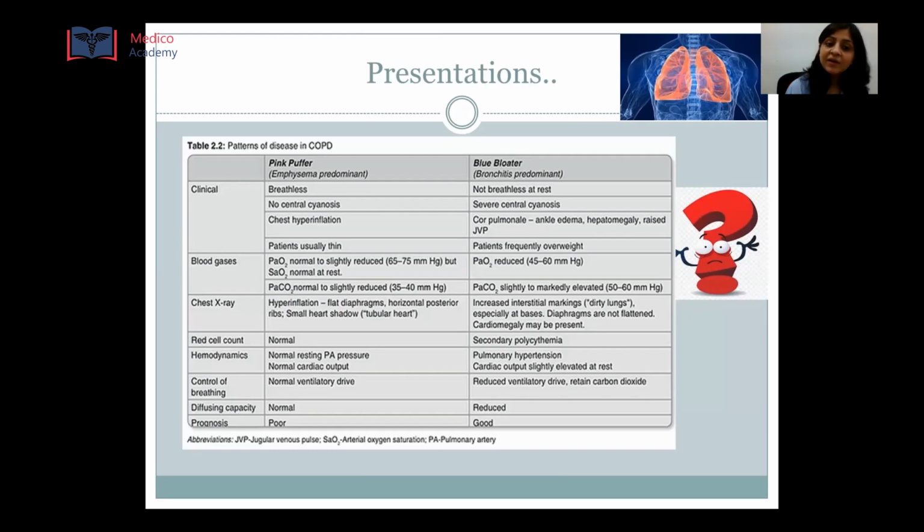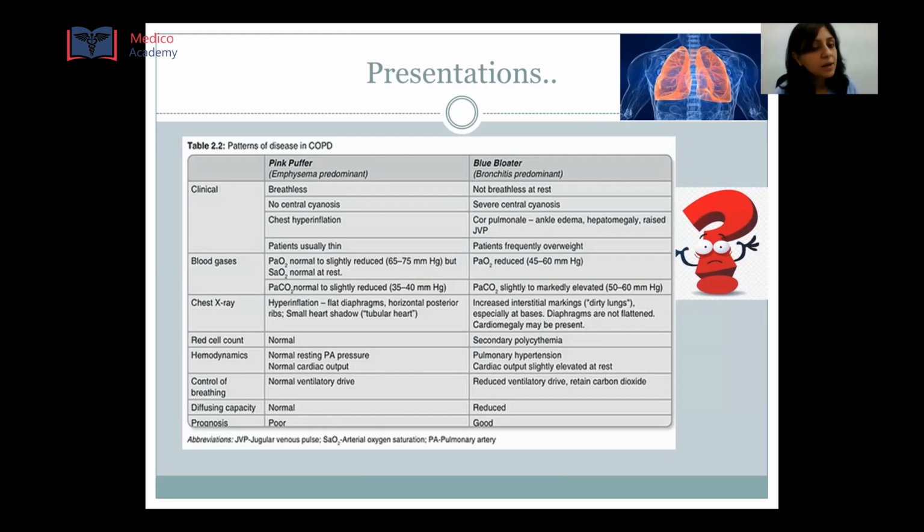In pink puffers, we will have hyperinflation where we'll have flat diaphragms, horizontal posterior ribs, small heart shadow, which we typically call the tubular heart, which is very properly seen in emphysema patients. Blue bloaters, they will not have very specific X-ray pictures. They will have increased interstitial markings, probably the dirty lungs, especially at the bases. Diaphragms will not be flattened. Cardiomegaly may be present. Red cell count will be normal in pink puffers. There will be secondary polycythemia in blue bloaters.